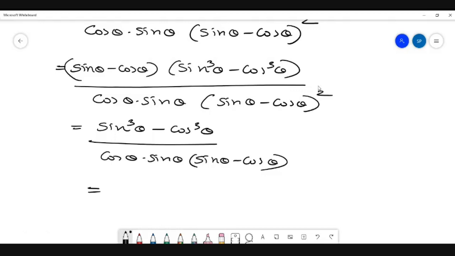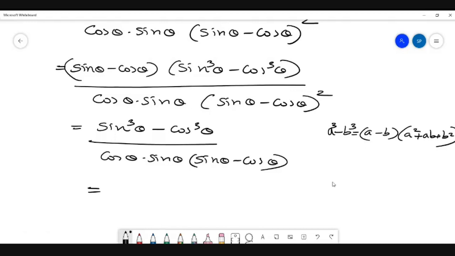Now we can apply in the numerator, this is in the form a cube minus b cube. A cube minus b cube can be factorized as a minus b into a square plus ab plus b square.